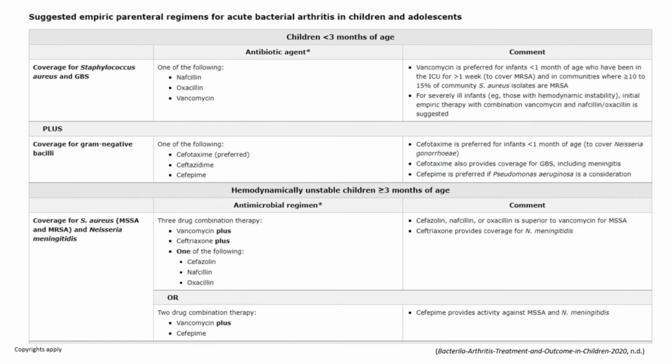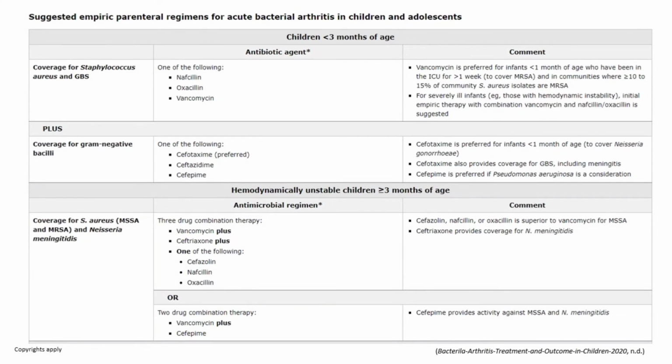Potential regimens include an anti-staphylococcal agent like nafcillin, oxacillin, or vancomycin, plus cefotaxime if available, or ceftazidime or cefepime if Pseudomonas aeruginosa is a consideration, or ceftriaxone if cefotaxime and ceftazidime are not available, and the infant is not receiving intravenous calcium-containing solution. Gentamicin is a potential alternative to cephalosporins but will increase the risk of nephrotoxicity if given with vancomycin.